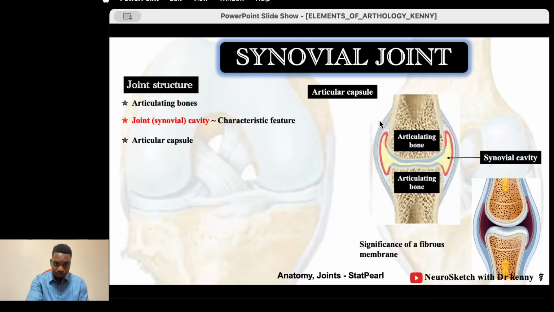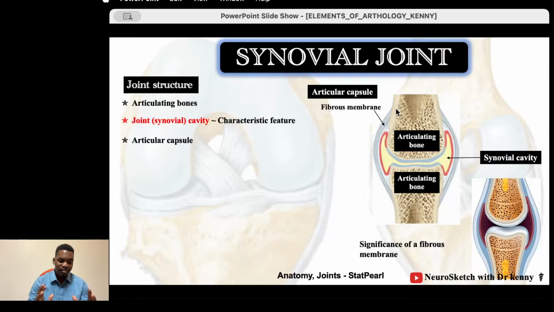This is the joint capsule. It has two layers: the outer layer of a fibrous material, and the inner layer.